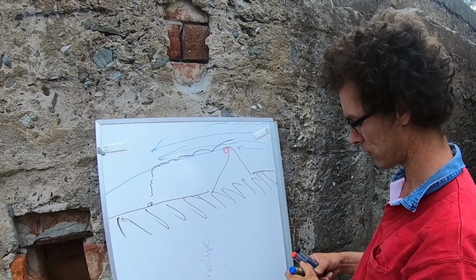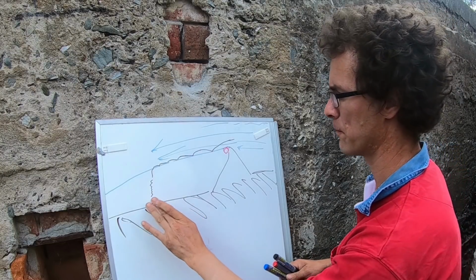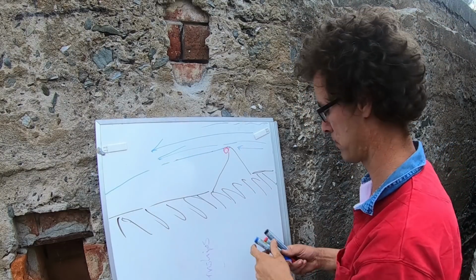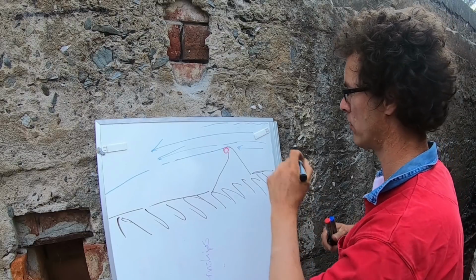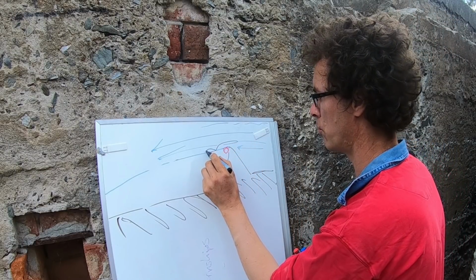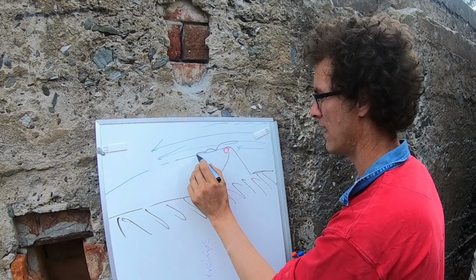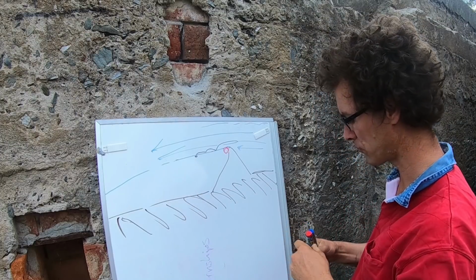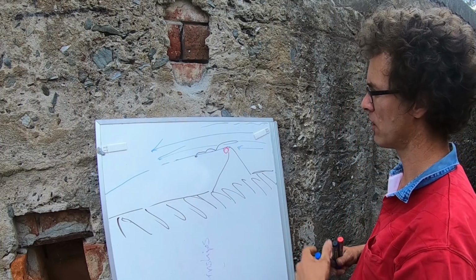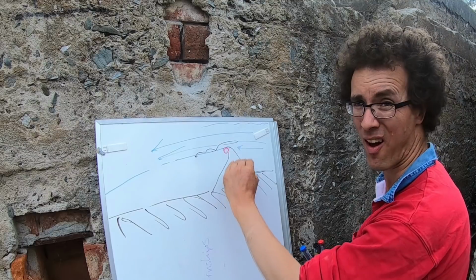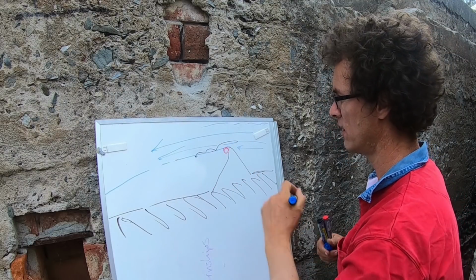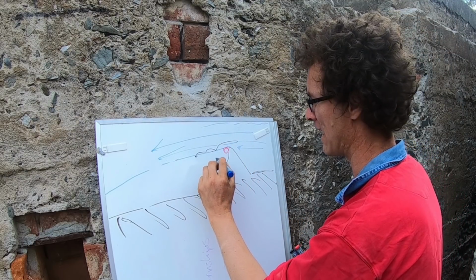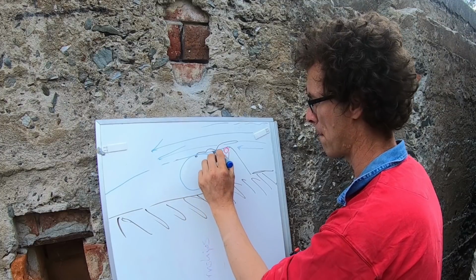But what happens if the particle goes bloop, bloop, bloop, and gets into here? Well, roughly proportional to the height of the obstruction, a current forms here.